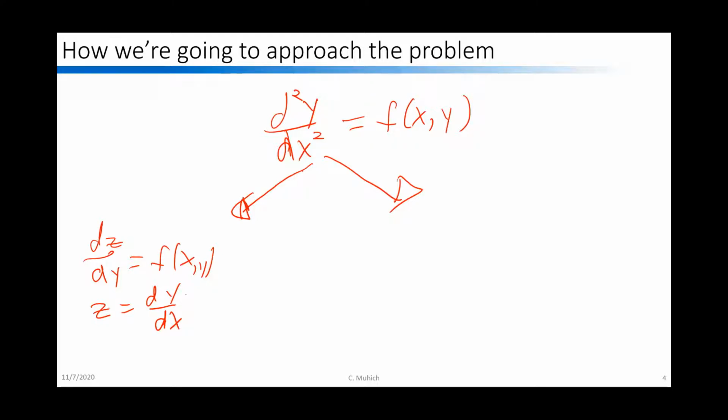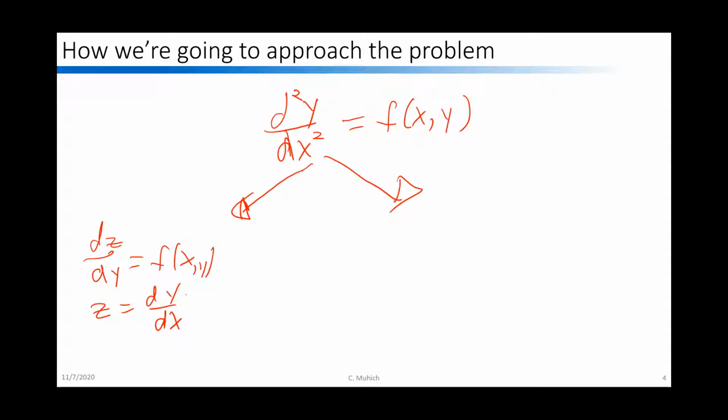So that same idea of breaking up a higher order term into a whole bunch of lower order terms. And then we're going to use things like root finding methods to try to project out where the end condition is going to be, and then come back and solve it in that root finding method.